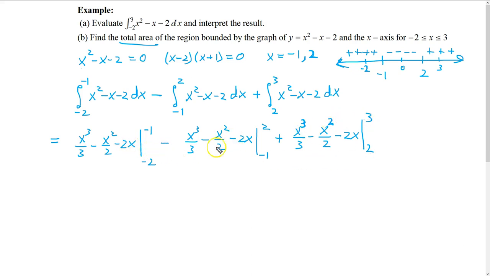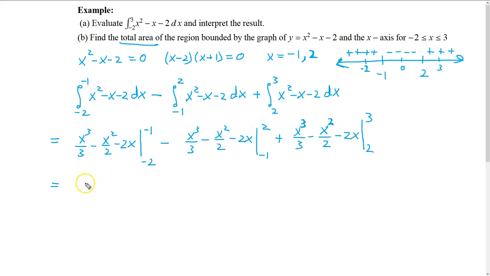Now to save time, I'll just tell you what each one of these evaluates to. You can certainly evaluate these on your calculator. Remember, for the first one here, you would put -1 in for x, get that number back, and then put -2 in for x, and then subtract that number from the first one. And you do that for each one of these.